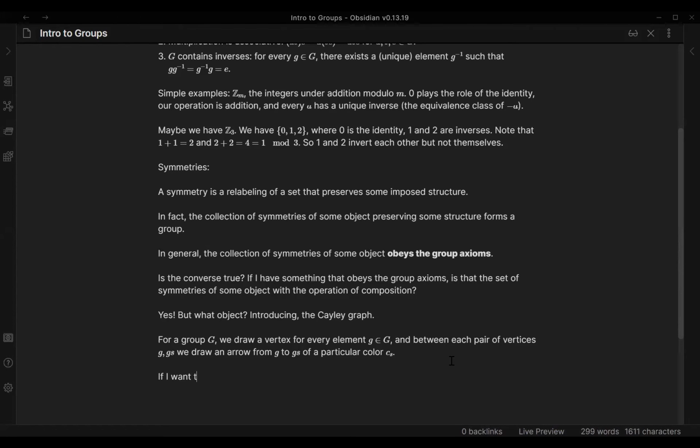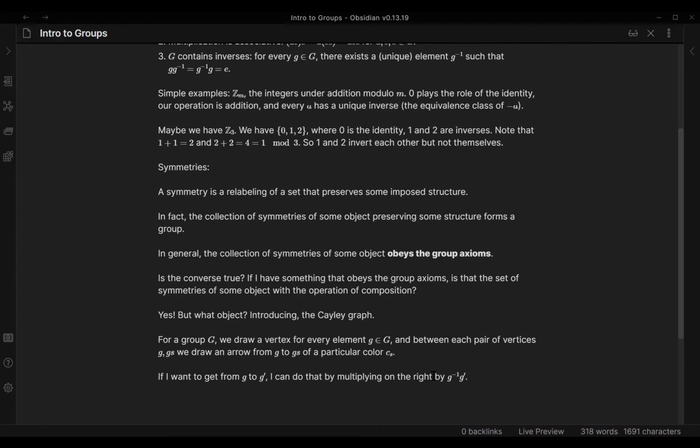But it is true. If I want to get from g to g prime, I can do that by multiplying on the right by, well, by what? By g inverse g prime. And you can check that g times g inverse g prime is in fact g prime.